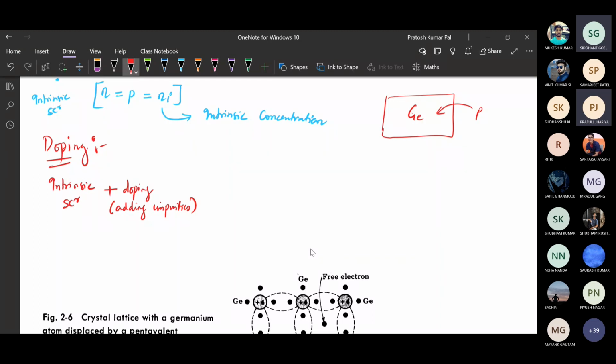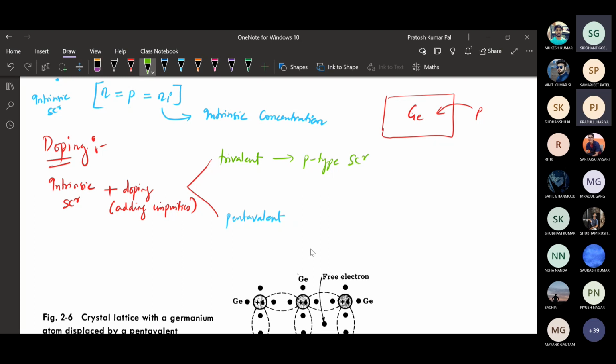Okay, this doping can be done with two different types of impurities. One type of impurity is called trivalent, and another type is pentavalent. If the doping impurity is trivalent, then a p-type extrinsic semiconductor will be formed.